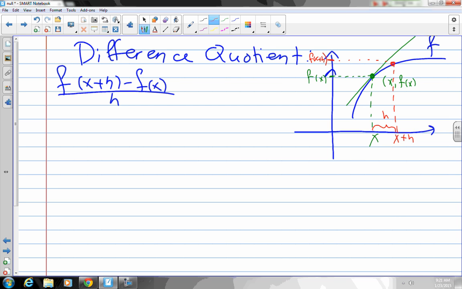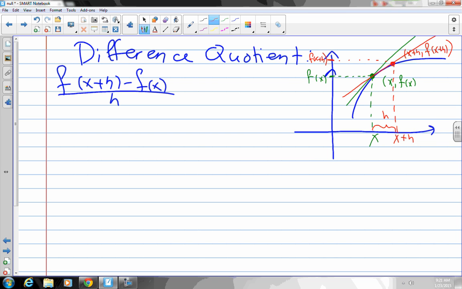All right, so the coordinates of that point would be x plus h and then f of x plus h. So instead of finding the slope of the tangent line, I will find the slope of this line that's called a secant line, the line that goes through a few points on a graph.